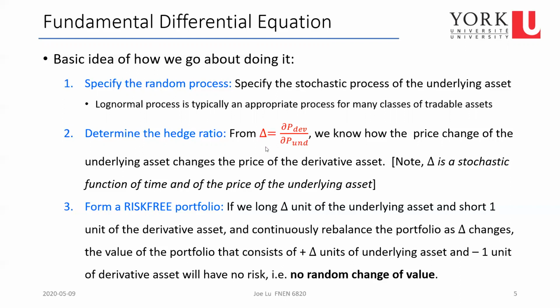Now, once you have this condition here, you can follow what we talked about last time: have delta units of the underlying asset, long delta units on the underlying asset, and short 1 unit of the derivative asset. Then you will see that that particular portfolio is actually risk-free, i.e., the current value of the portfolio and the future value of the portfolio are totally deterministic.